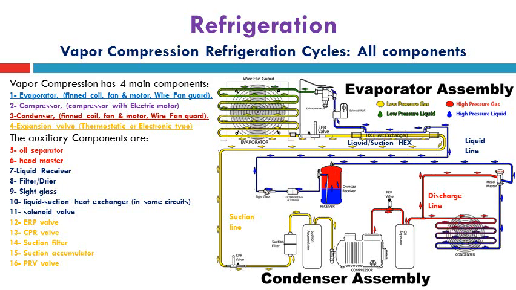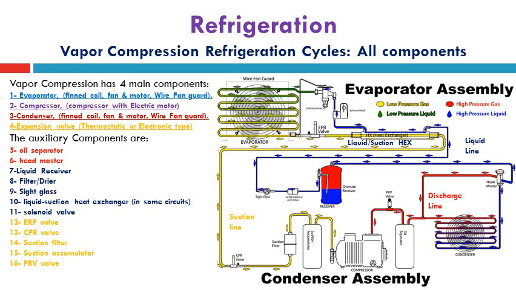Number 14, suction filter. It's recommended to install a suction filter to remove any foreign materials which may go through the cycle and enter the compressor with the refrigerant, such as dust or any particles of materials left from welding and the like.